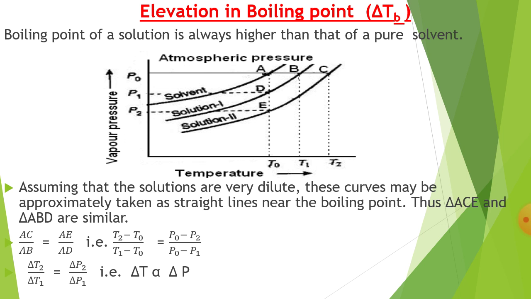In that condition, AC by AB equal to AE by AD, that is (T2 minus T0) divided by (T1 minus T0) equal to (P0 minus P2) divided by (P0 minus P1), that is delta T2 divided by delta T1 equal to delta P2 divided by delta P1. That indicates delta T is directly proportional to delta P, that is, change in temperature is directly proportional to change in pressure.